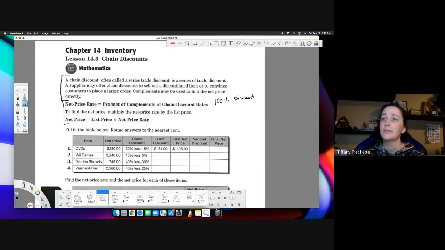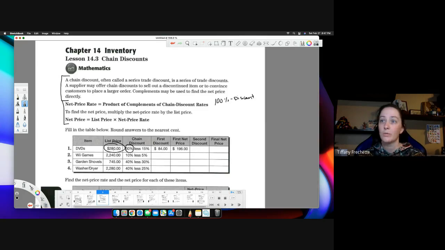So the first discount, if we look at this first column, is a nice one to calculate off of. This $84 is 30% of $280. So if I have 280 times 30%, I get $84. And then the 196 is 84 taken away from the $280.